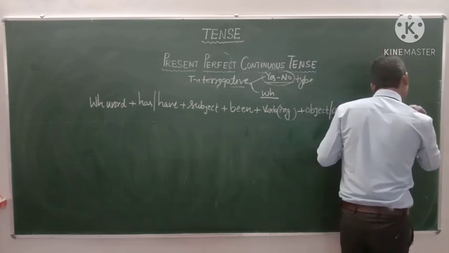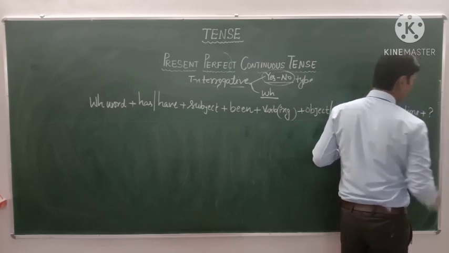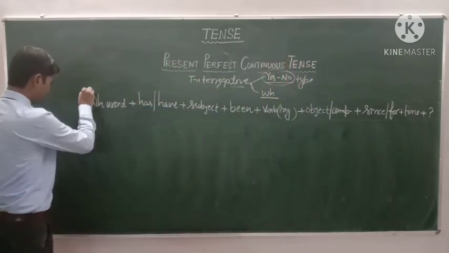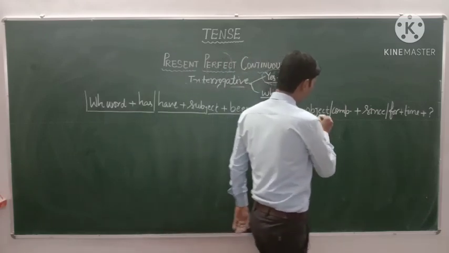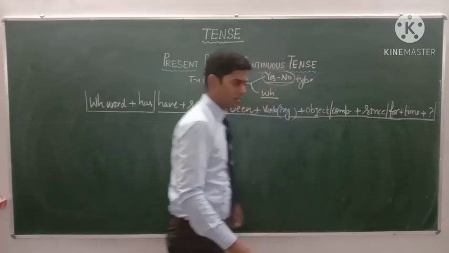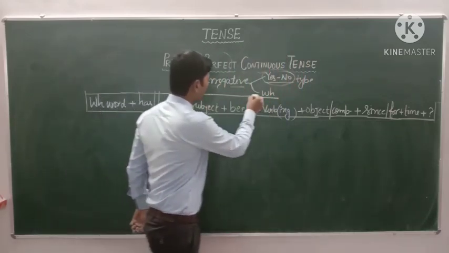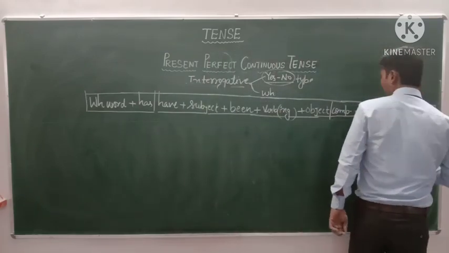After that, time, and then the interrogative mark. Okay, it is the word order of the WH type of present perfect continuous tense, right? So I hope you can note down examples on the given word order.